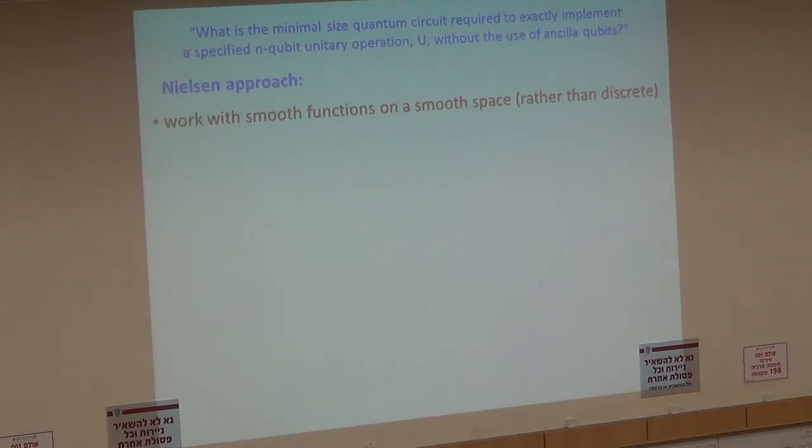But his first idea is that rather than working with these discrete gates and discrete components, we should think about smooth functions and a smooth space, because it's easier to optimize on that by functional variation.